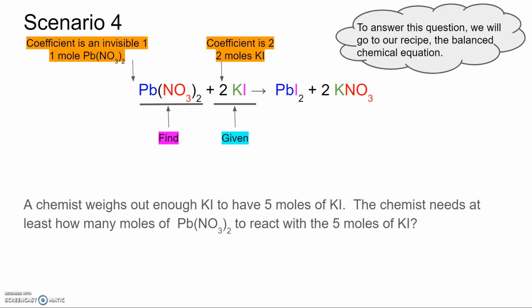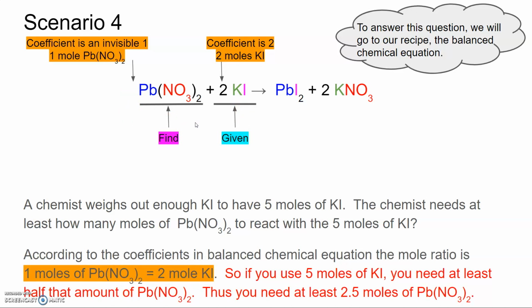According to the balanced chemical equation, there's a 2-to-1 ratio of KI to Pb(NO3)2. So if I have 5 moles of KI, how many moles of Pb(NO3)2 do I need? Well, you can see from this ratio that you need half as much lead nitrate as KI. So if you have 5 moles of KI, you would need half of 5 moles, which is 2.5 moles of Pb(NO3)2.